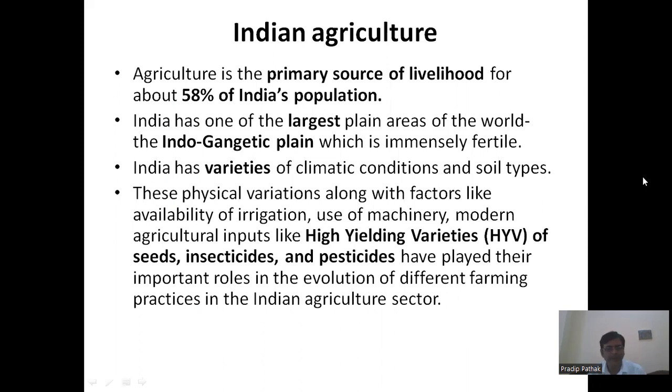We also have a variety of climatic conditions and soil types, which are good for growing a lot of crops. And the physical variation along with factors like the availability of irrigation, use of machinery, insecticides and pesticides are playing a huge role in the evolution of different farming practices in the Indian agricultural sector, which we will follow up in the next few slides.